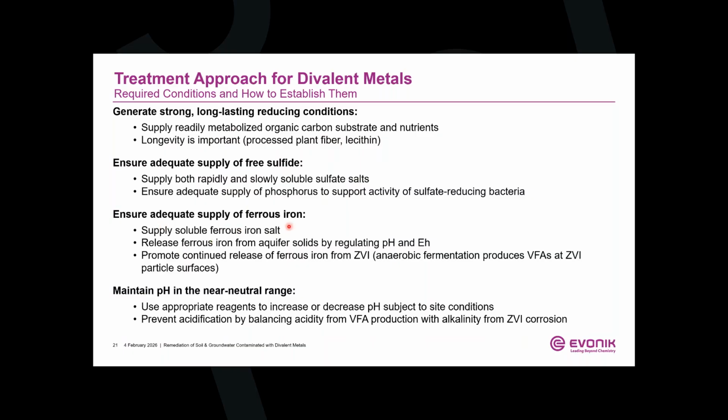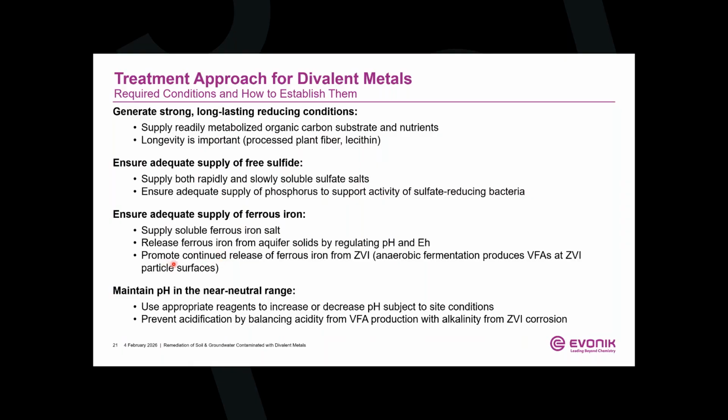We want to ensure an adequate supply of ferrous iron, so we supply a soluble ferrous iron salt. We also get ferrous iron from the aquifer by pushing the redox potential down, as I showed you in that very beautiful graphic, where iron will come out of the matrix as ferric iron minerals are reduced and ferrous iron comes out.